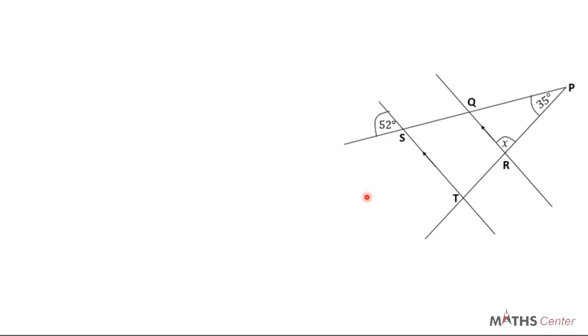Now what do we do? We can see from here that if I name this angle here I, looking at the position of 52 degrees, I can say that I and 52 degrees are corresponding angles. Now look at it very well. I is below here, 52 degrees is also below here.